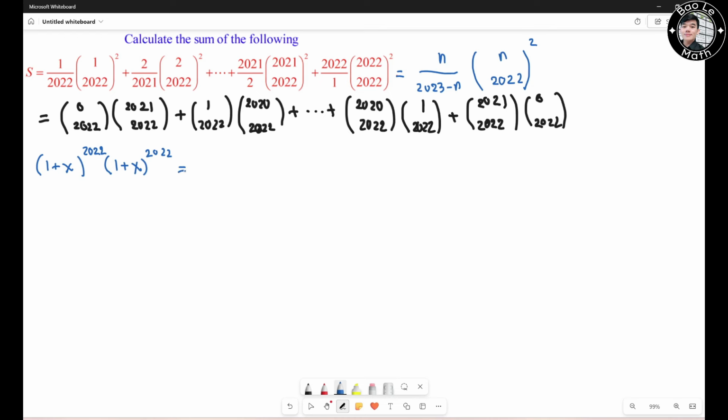Using the binomial theorem, I'm going to end up with C(0, 2022) plus C(1, 2022) times s, plus etc., plus C(2022, 2022) times s to the 2022. All together squared, because we have two binomials right here.